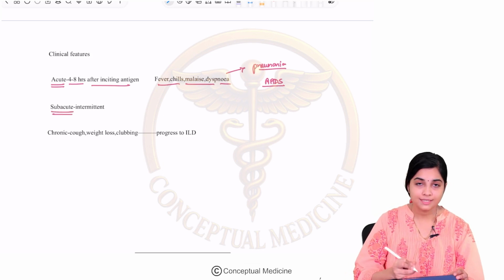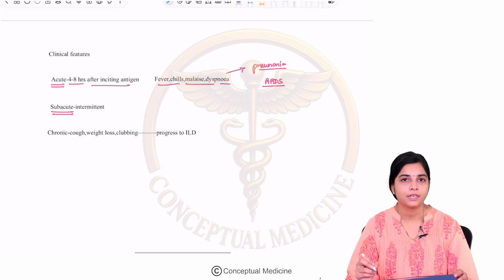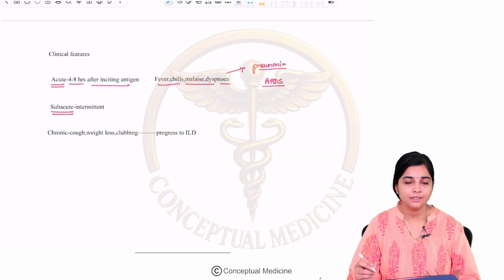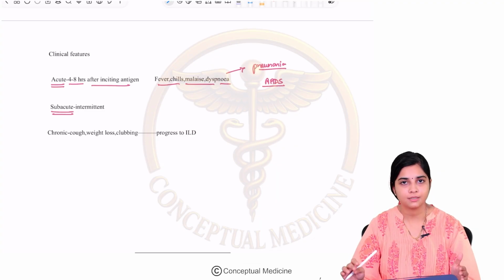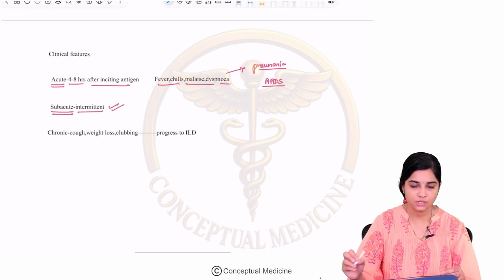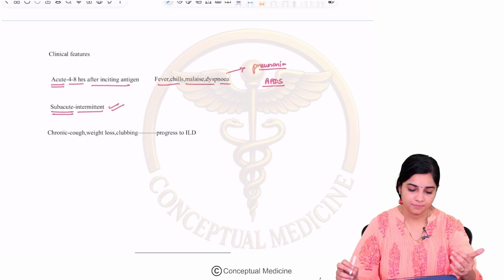You can also have subacute forms of HSP. In the subacute forms, whenever there is an inhalation of the inciting antigen, they have symptoms but it is not so severe, then it becomes calm for some time and then it comes back again. So you can have intermittent episodes in your subacute types of HSP.